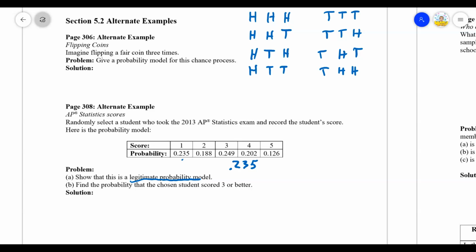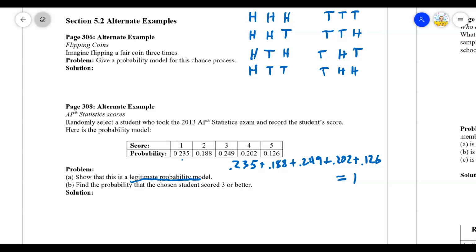You have to be in one of these categories, and there are no other categories that you can possibly be in. Like you can't get a 0 or a 6. So 0.235 plus 0.188 plus 0.249 plus 0.202 plus 0.126 should equal 1. And that proves that it's a legitimate probability model.